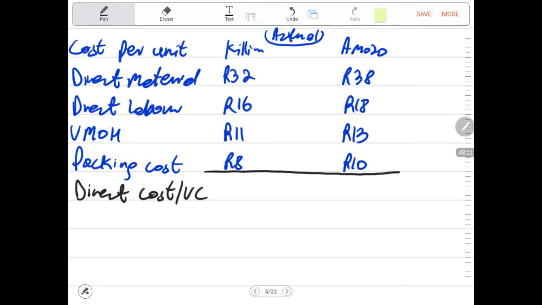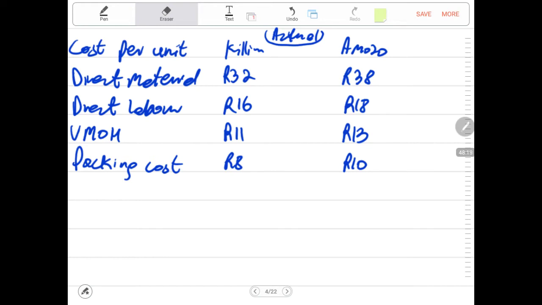If we're doing a marginal or variable income statement, we'll only take all these costs, and then we are done and dusted. But now because we are using the absorption income statement, we need to add our fixed cost per unit.